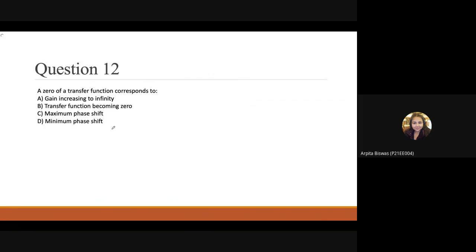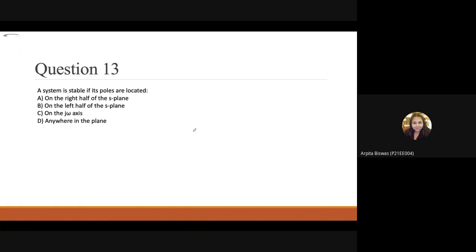A zero of a transfer function corresponds to. Options: gain increasing to infinite, transfer function becoming zero, maximum phase shift or minimum phase shift. Option B, ma'am. Yes, transfer function becoming 0.